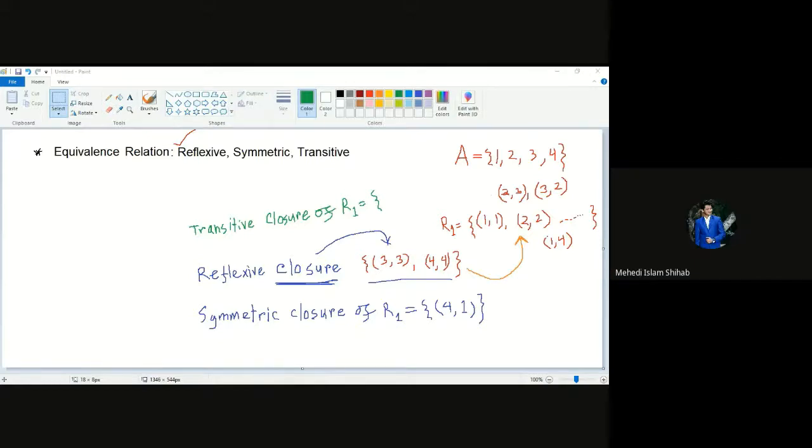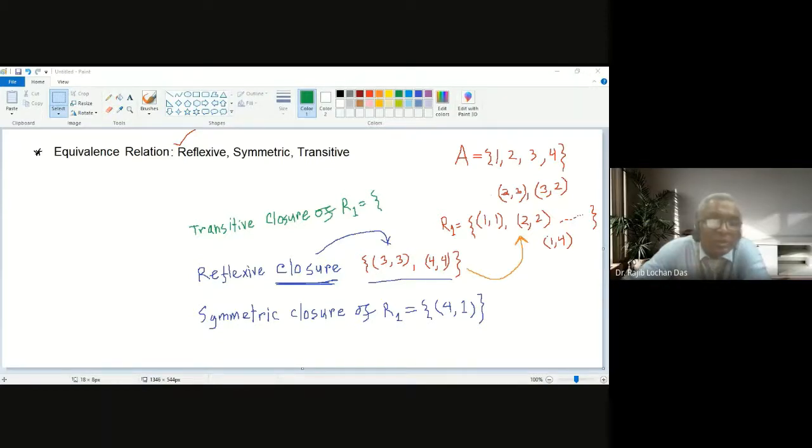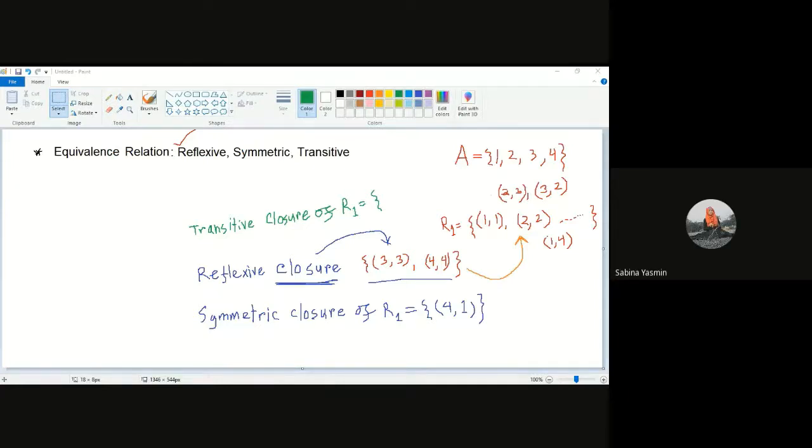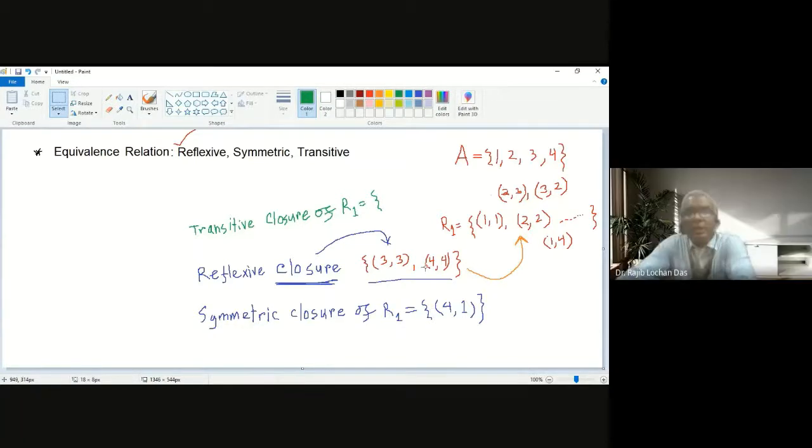Assalamu alaikum. So tell me what is the transitive closure in this example? Sir, actually, I have no clear concept about transitive property. That's why I'm confused. Okay, no problem. So let us discuss this first.